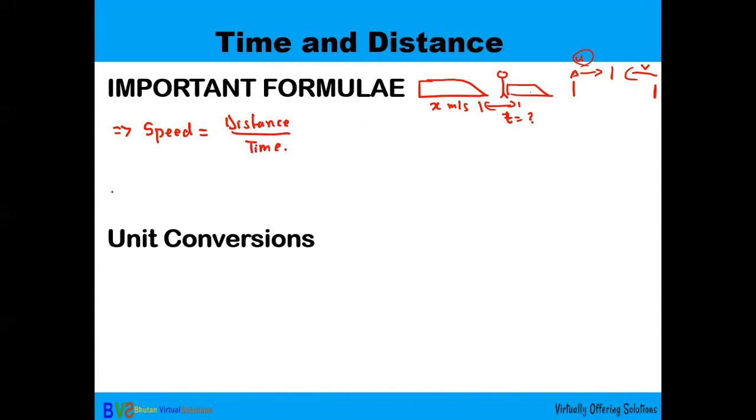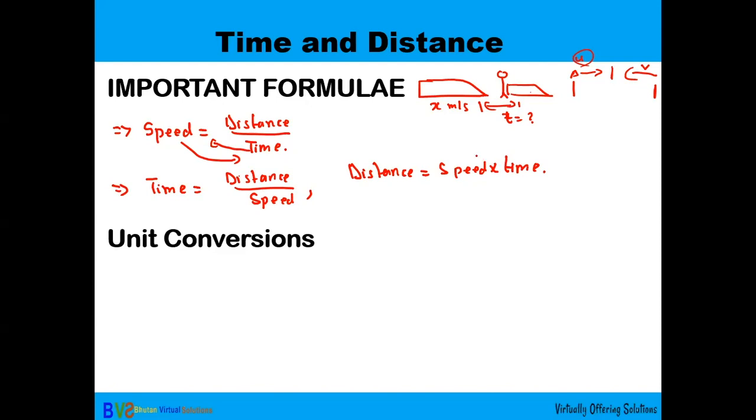Most of the time the question will ask you to find the time, so you take this and bring the speed down, so time is equal to distance by speed. If you are asked to find distance, distance is equal to speed times time.